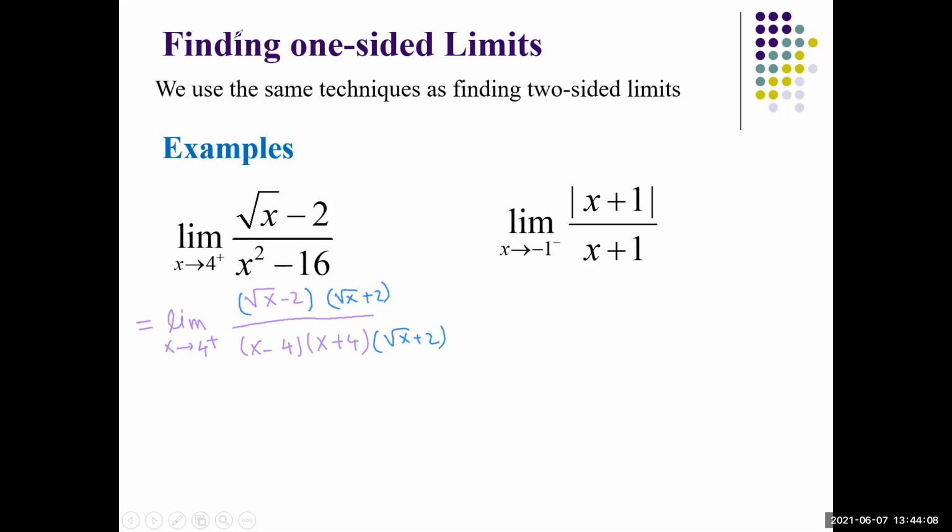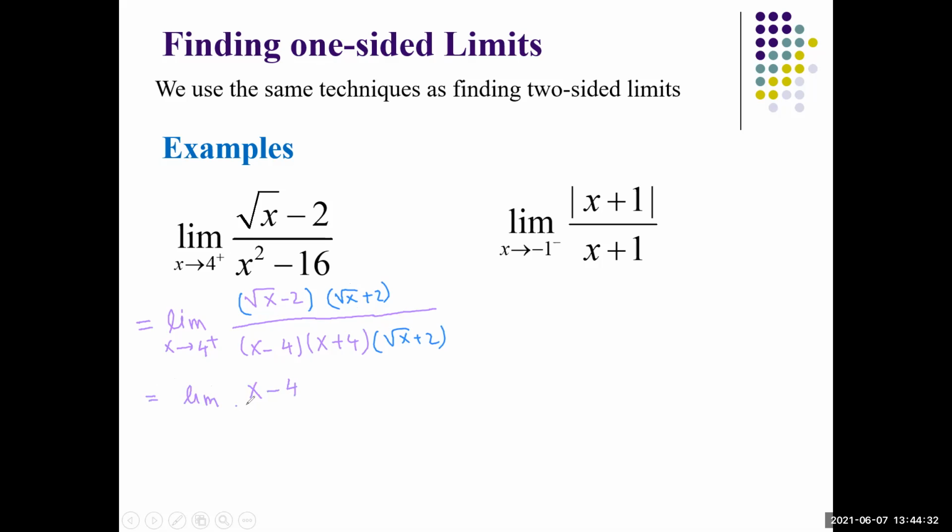All right, so when we do that, you see we can't actually cancel yet, we multiply these out. Then we have a limit of, so that's a difference of squares, so root x squared is x, and then minus 2 squared is 4.